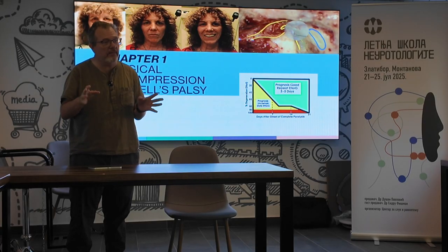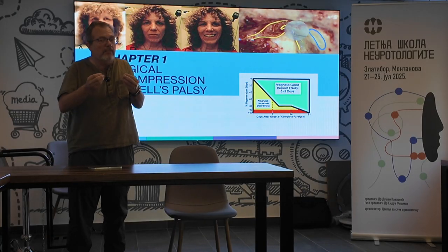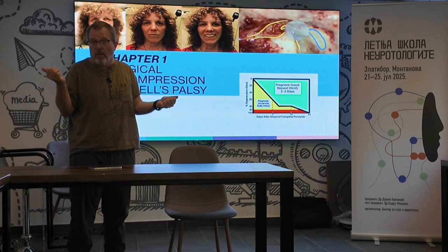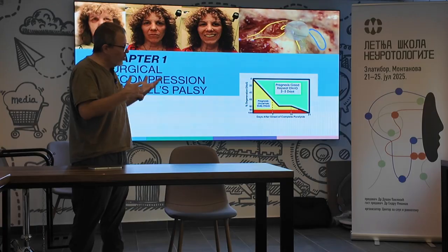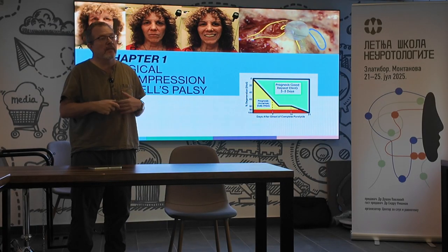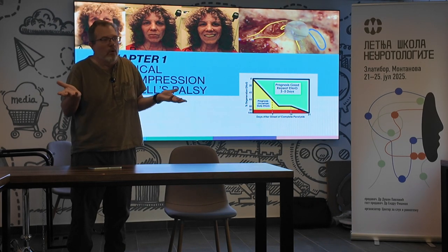So if there's any activity from needle EMG test, no decompression. So it has to be complete. And it should be 90% degeneration or more. So even if there's no movement, if you can still stimulate the nerve and get activity, then those patients are going to recover to normal.